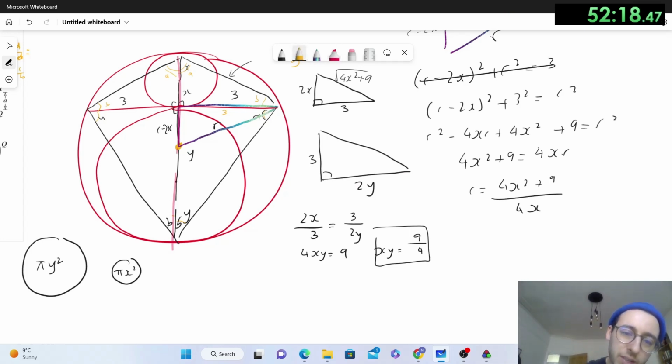Wait a minute. This is r. This is r. And I've got this triangle here. That triangle here. That's r. That's r. This length is this length, which is the square root of 9 plus 4y squared. I haven't really used the 3 much.